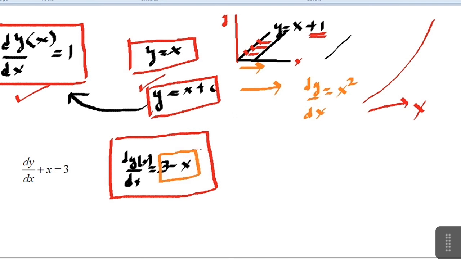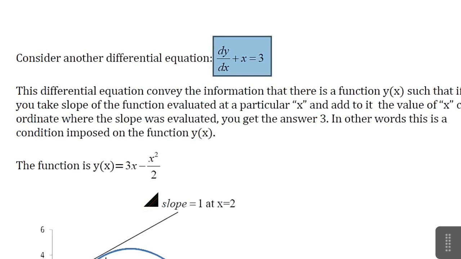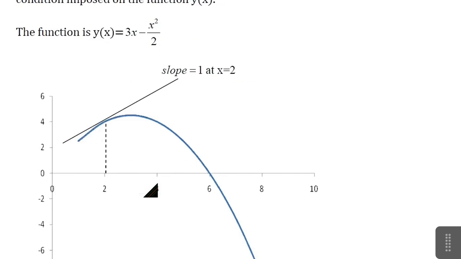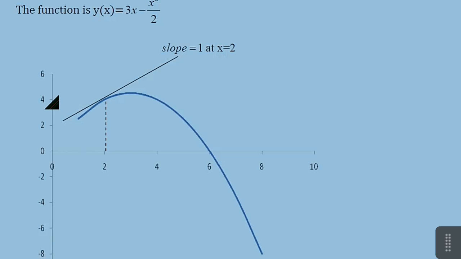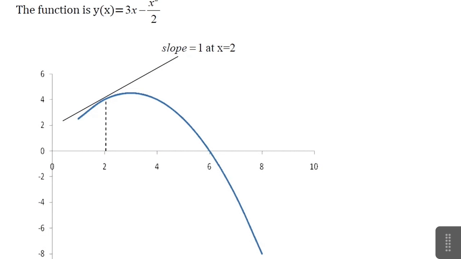So for all x greater than 3, the slope is negative, so the curve will go down. You can see from the graph that after x equals 3, where it reaches the maximum point, the slope goes down.